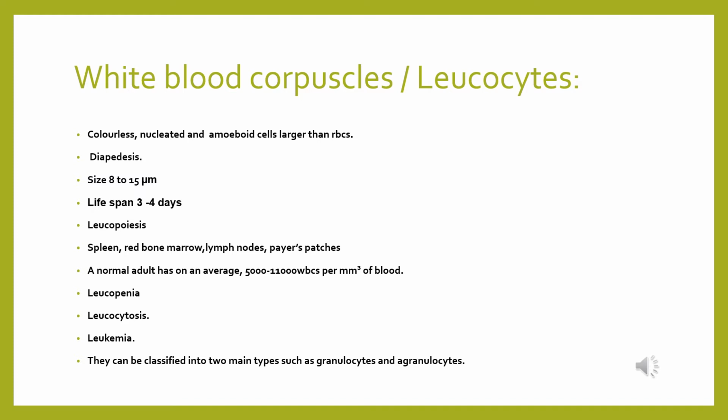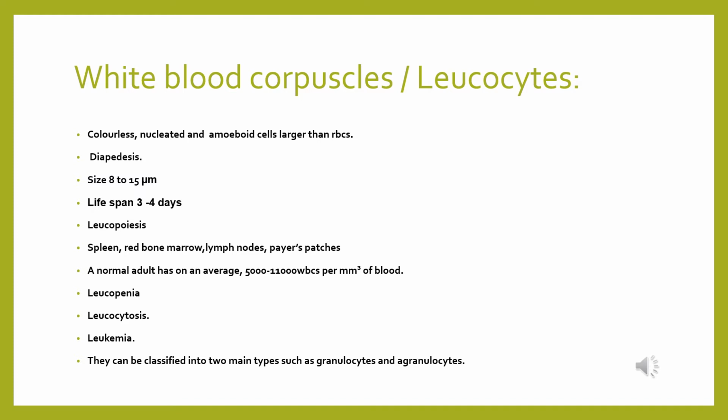The next condition is when a person has uncontrolled division and uncontrolled formation of a large number of WBCs without any control. This is called leukemia, a type of blood cancer.